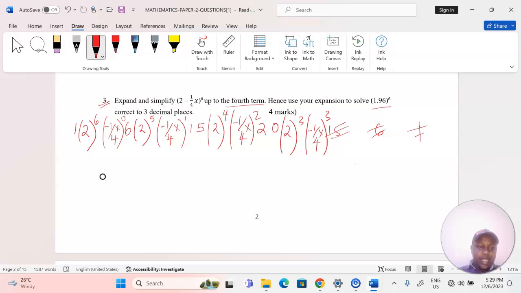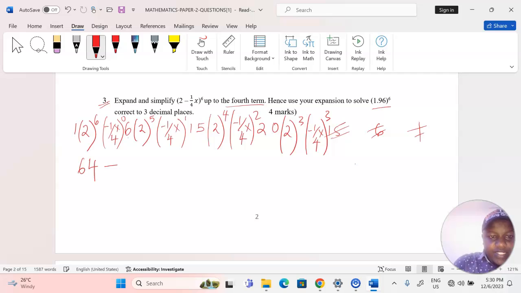All right, now we can expand. We can raise to the given powers. 2 power 6, I'm getting 64. The negative a quarter x power 0 becomes 1. Therefore, it's 64 times 1, so 64. The next thing, we will have to subtract now.